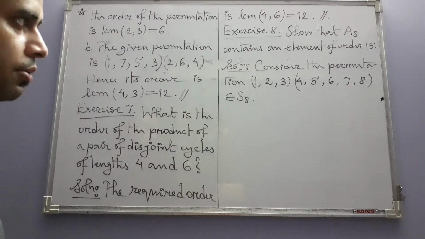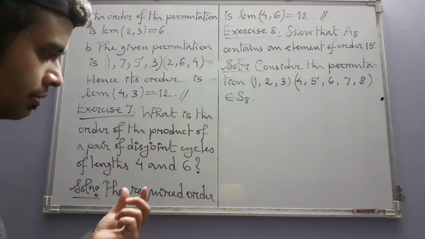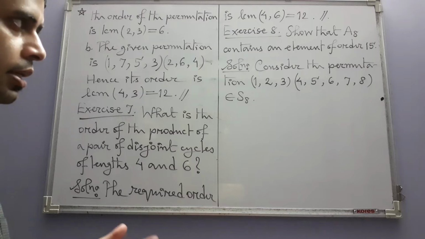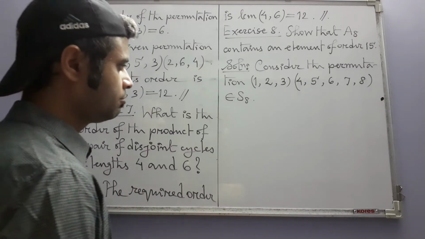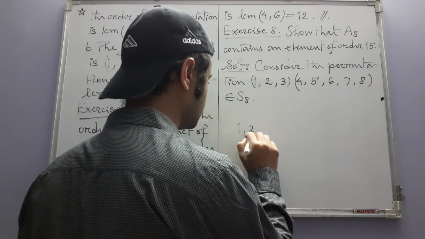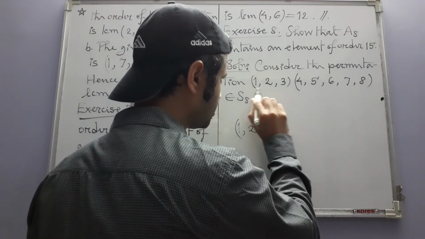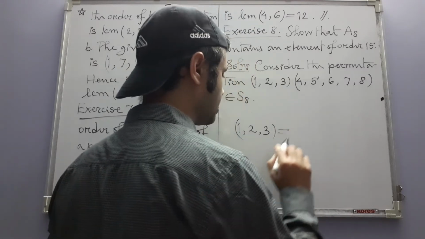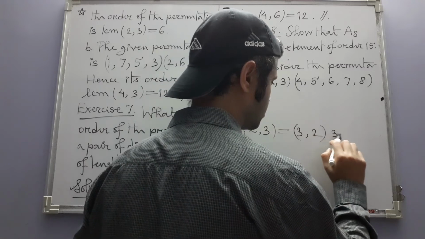Even permutation, we know by definition, is a permutation that can be written as a product of 2 cycles where there are an even number of 2 cycles. For example, this permutation, the first one, the cycle itself, this is an even cycle because you can write it like this.